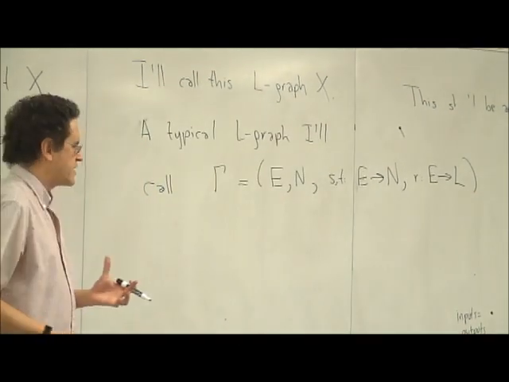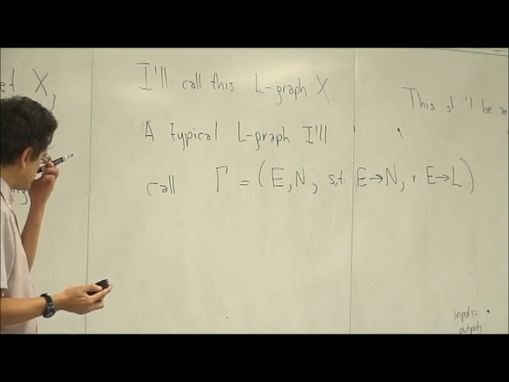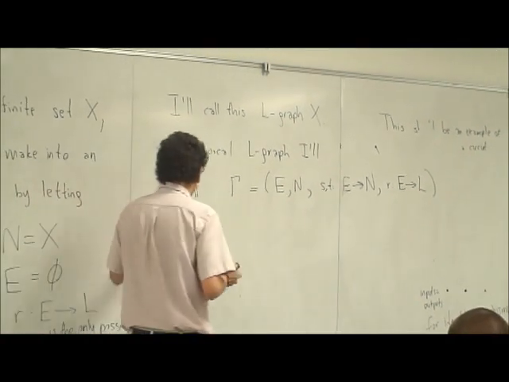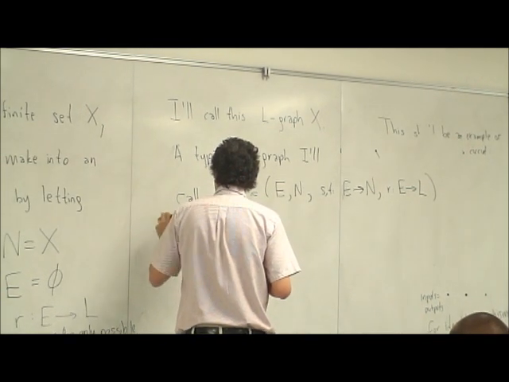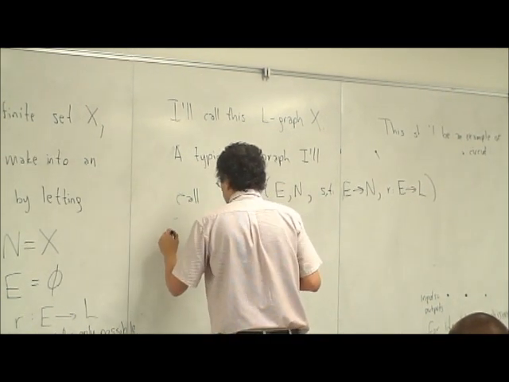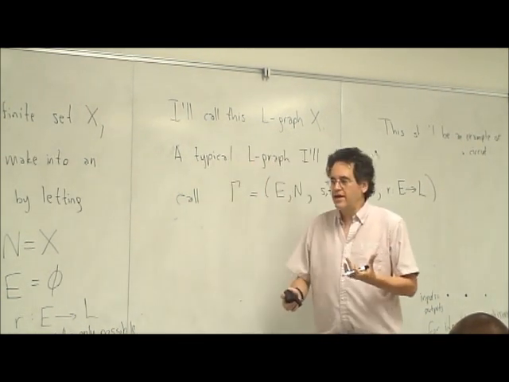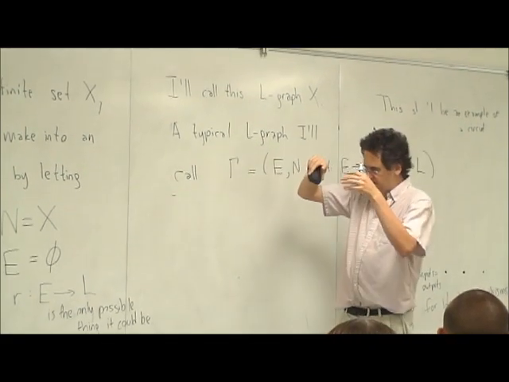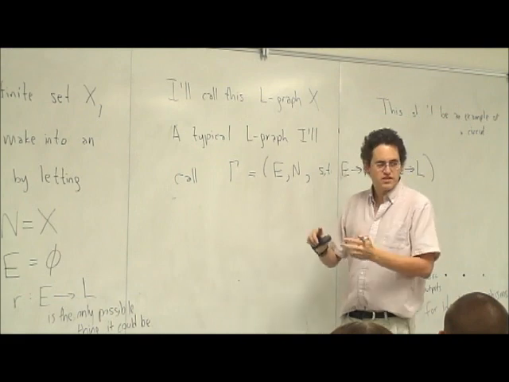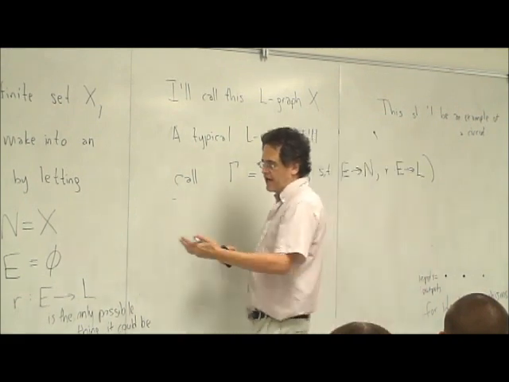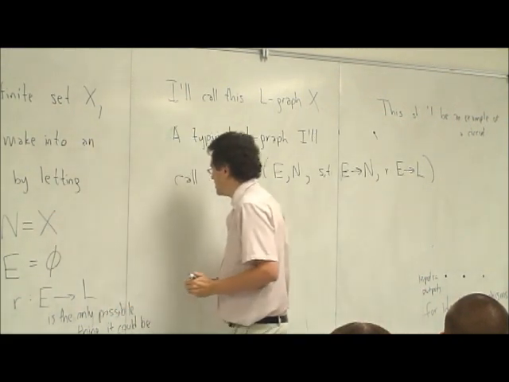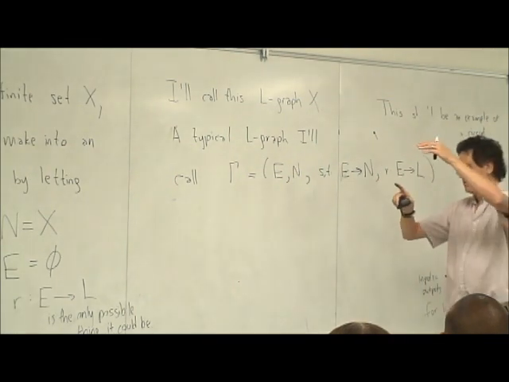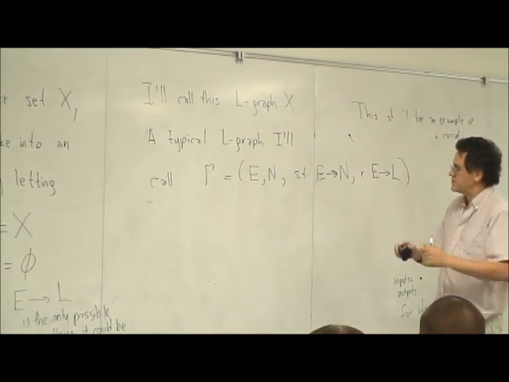Okay, so now I said I was going to tell you what a circuit is. And I'll tell you what an L circuit is. That is a circuit where the edges are labeled with things in L. When we get to circuits made of resistors, L will be the set of positive numbers. But let's be general here, so we can talk about circuits where the edges are labeled with elements of any set we want.